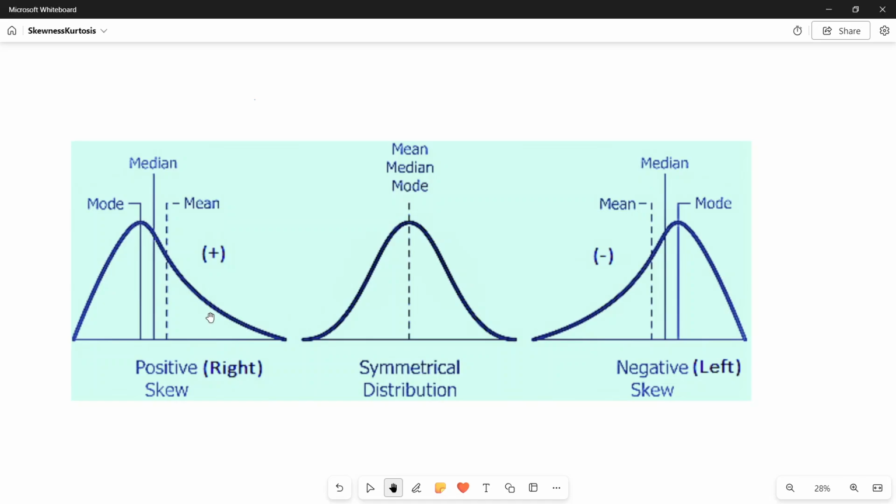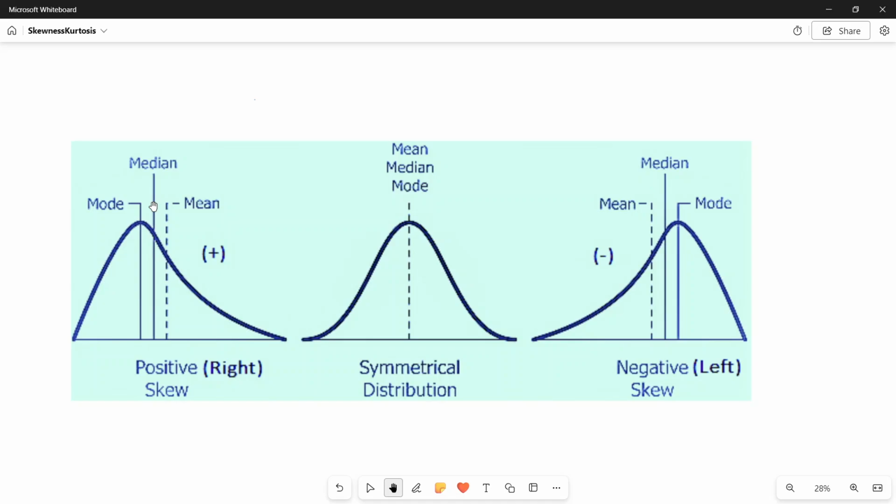Now, mean is easily affected by larger values. So, what does this tail mean? The longer tail on the right side, or positive side, means that there are few values, but they are very large values. Those few large values will affect the mean, so the mean will shift towards the right because of this longer tail on the right side.